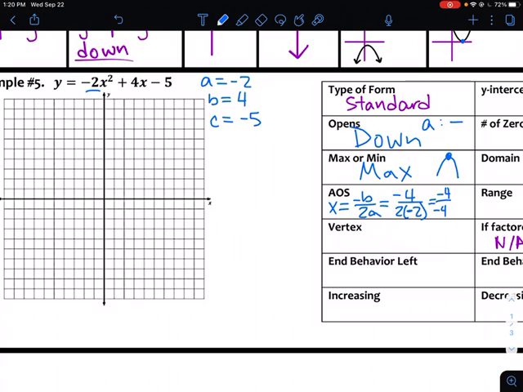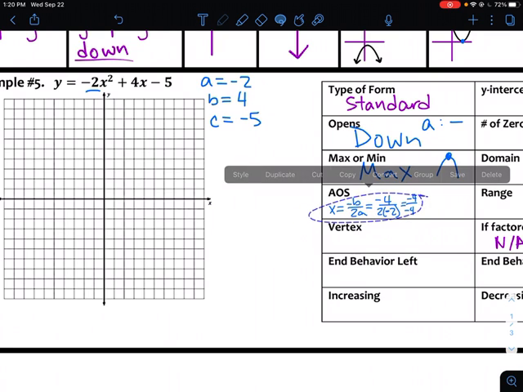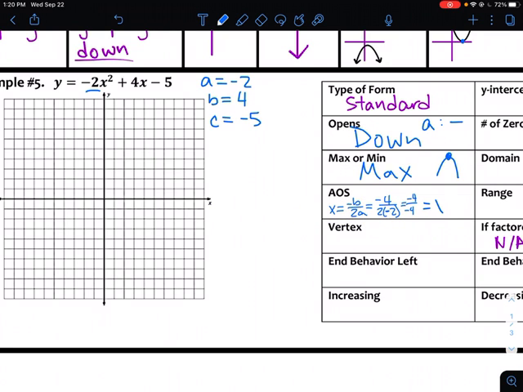Negative 4 over negative 4. So x in this case is going to be equal to 1.